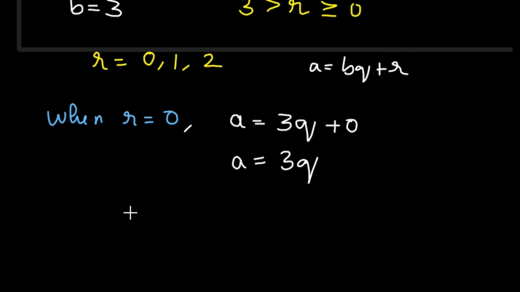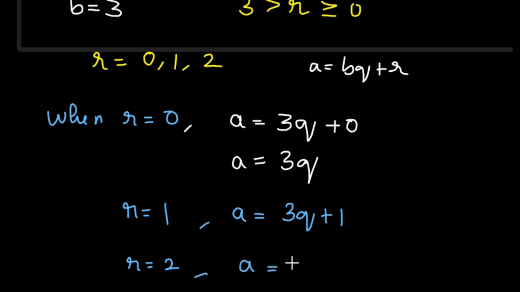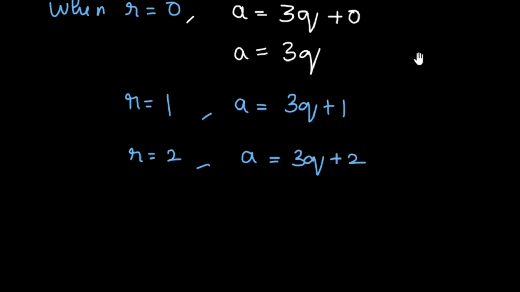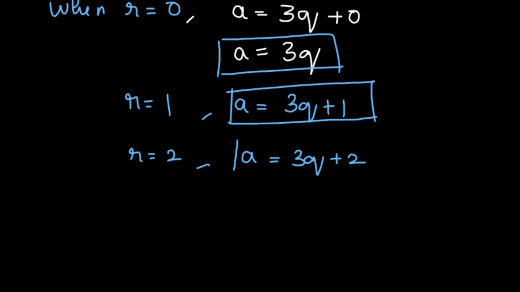Now when r is equal to 1, a की वैल्यू क्या होगी? a equals 3q plus 1. When r equals 2, a equals 3q plus 2. ये होगी a की वैल्यू when r is 0, 1, 2.